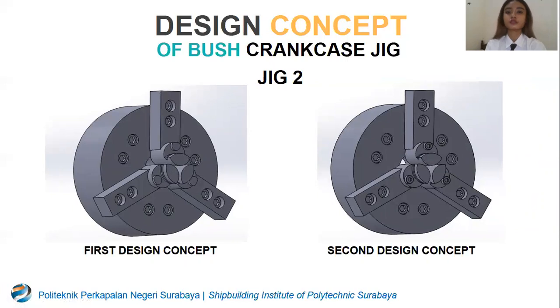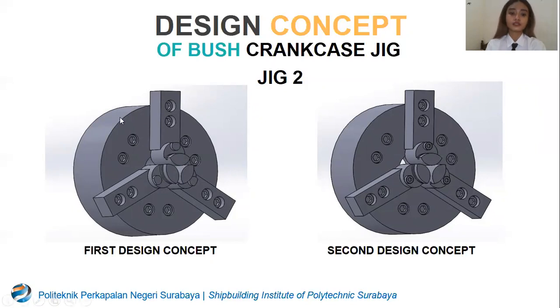Then we talk about the design concept of the bus crankcase jig, the second jig. This is the first design concept, and this is the second design concept. The first design concept has a simple design, a strong jig, affordable material price, material that is easy to get, easy jig operation, and is easy to manufacture.